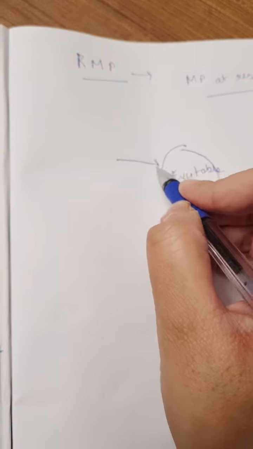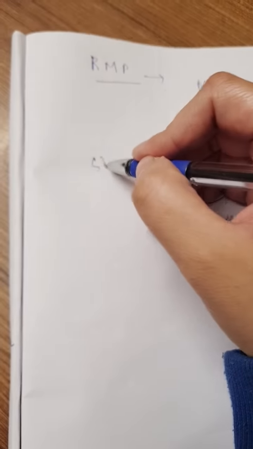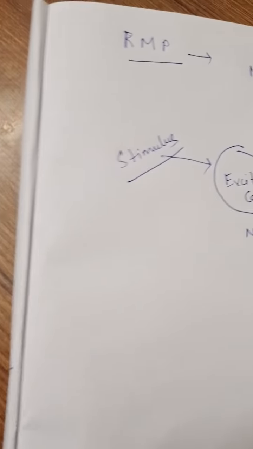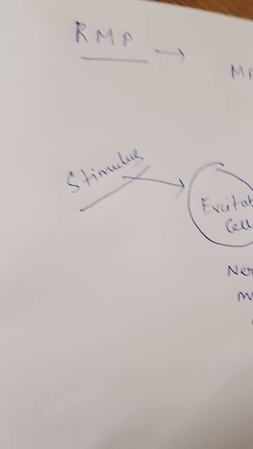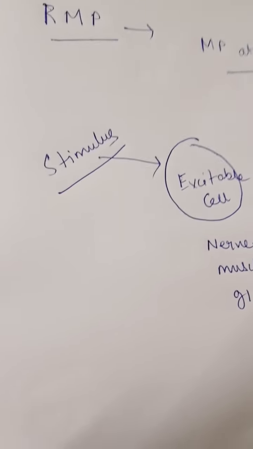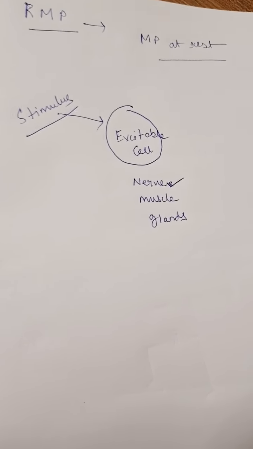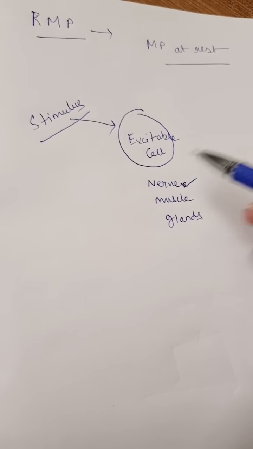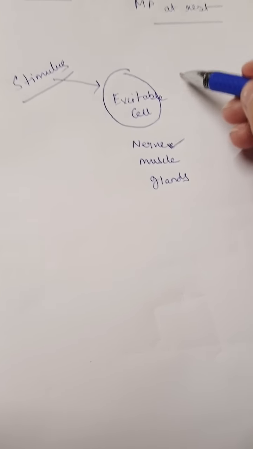Okay, so we give a stimulus. The stimulus can be chemical, mechanical, electrical stimulus, but for experimental purposes, electrical stimulus is the best type of stimulus to excite a cell.